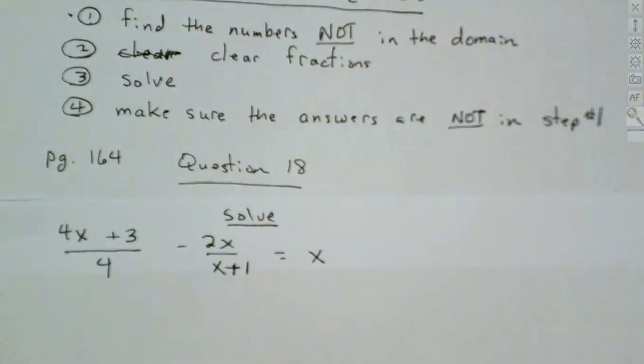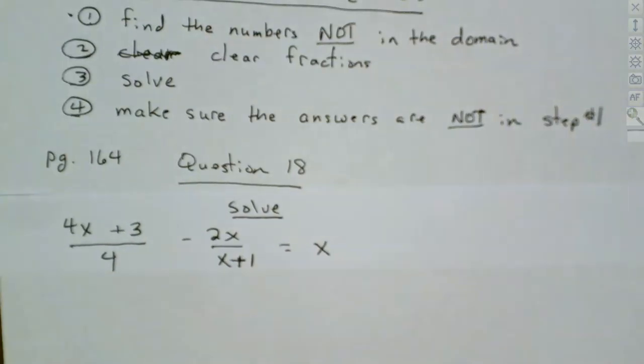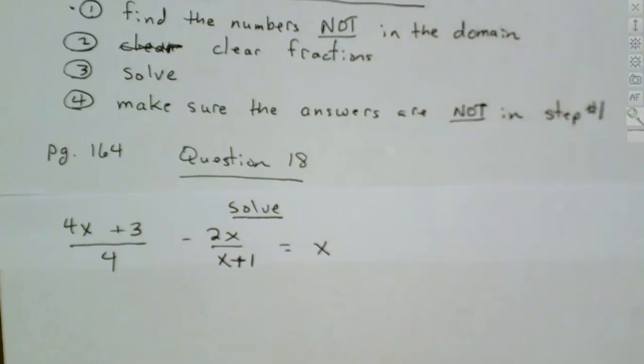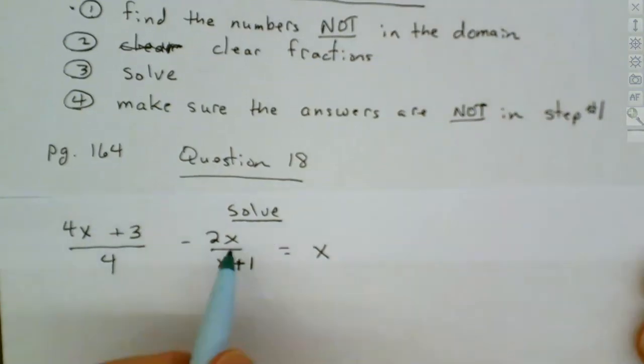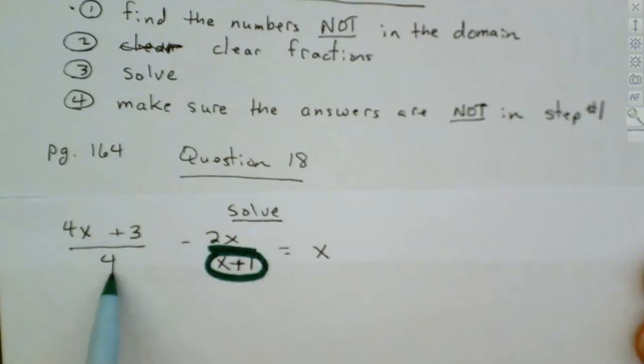So what's the first thing we look at? We need to find what number or numbers are not in the domain. And so when we look at these domains, we only need to worry about the ones with the x in them. So this first one, down below, there's no x with that 4 down below, is there? Right? So we don't have to worry about this one, because there's no way that we can get division by 0. But this one we can.